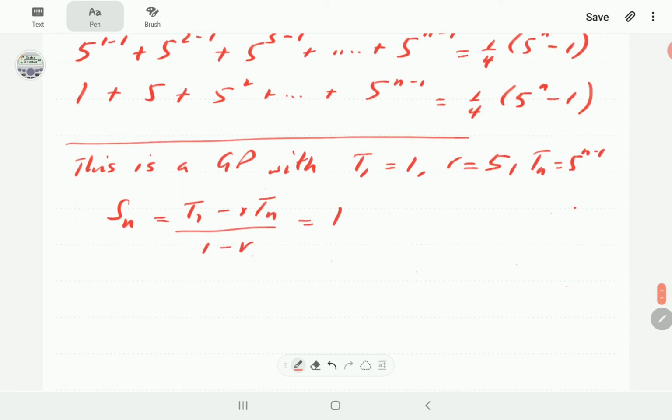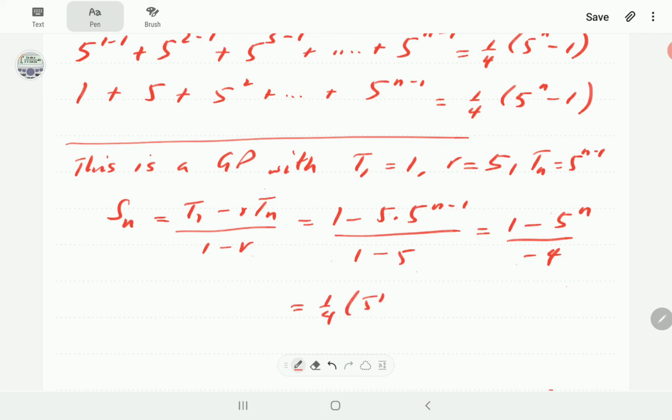So T1 is 1, r is 5, in the denominator we're going to have negative 4, in the numerator we're going to have 1 minus 5 to the power n. So this is the same as 1 over 4, 5 to the power n minus 1.